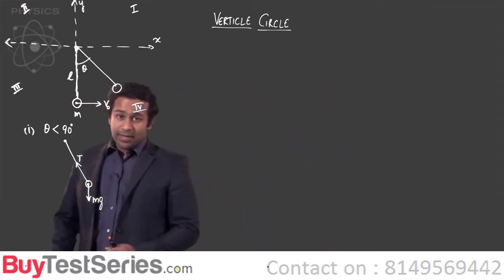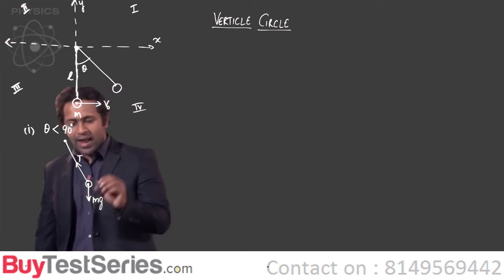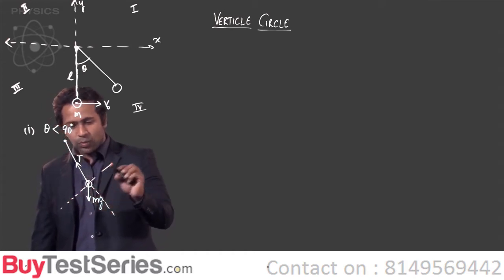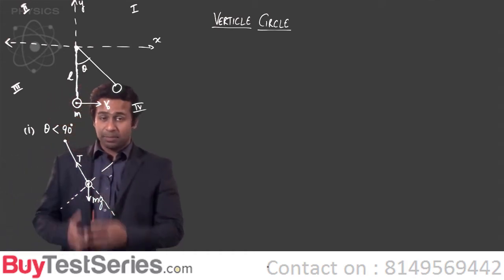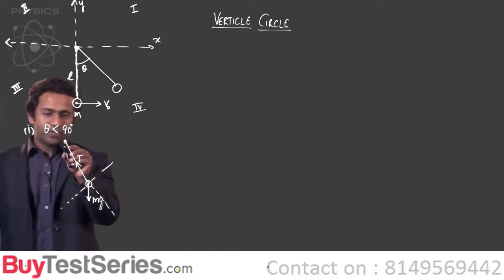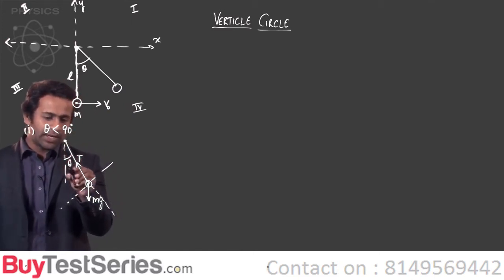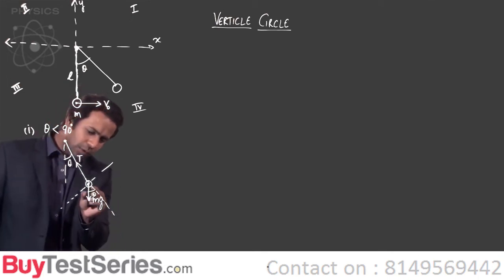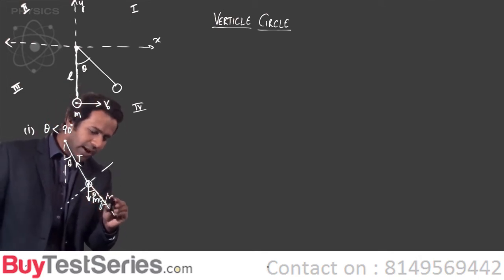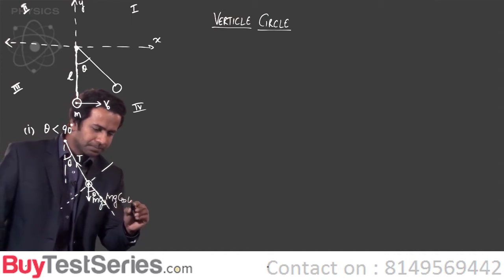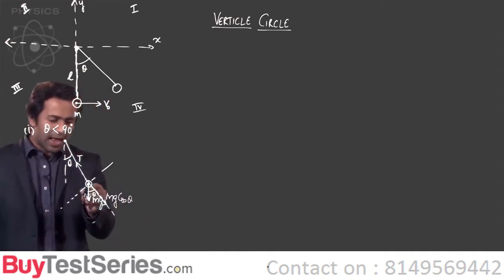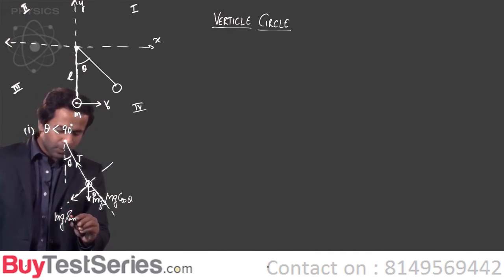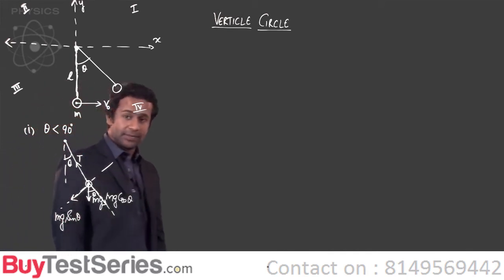Then we had seen that to analyze this situation, we had broken down mg into components, one parallel to the length, the other perpendicular to the length, right? If the displacement with respect to the vertical direction is theta, then this angle is also theta. So you could break mg down into mg cos theta, which is along the length, and mg sin theta, which is perpendicular to the length.